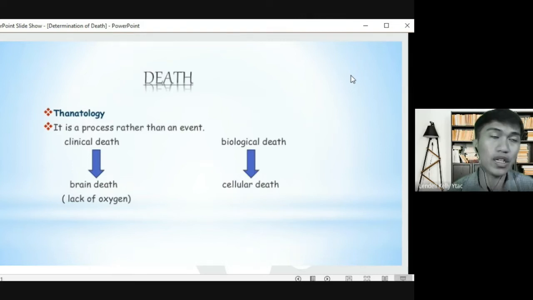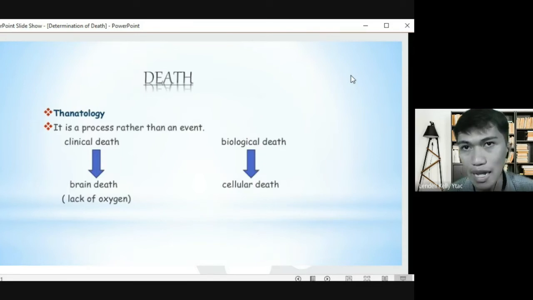For example, if your client has diabetes and suffers from diabetic foot, maybe because of the uncontrolled blood glucose level, it makes the blood viscous and it will prevent the circulation of blood and nutrients, including oxygen, to the extremities.